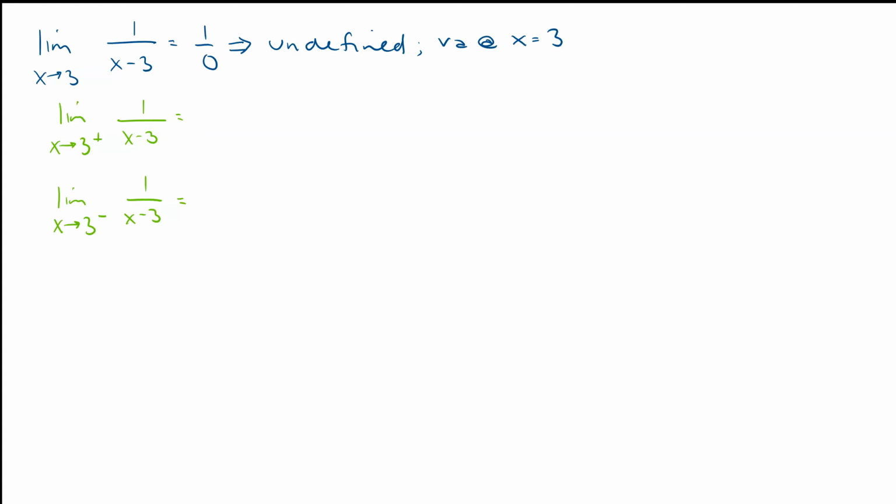Remember, the concept of a limit is an approach. What y value am I approaching as I get really, really, really close to an x value of 3 in this case? Let's look at a number line. Here's 3, here's 4, here's 2, and if I'm coming from the right-hand side toward the x value of 3, I get numbers like 3.5, 3.4, 3.3, 3.2, 3.1, how about 3.01, 3.001, 3.000001?